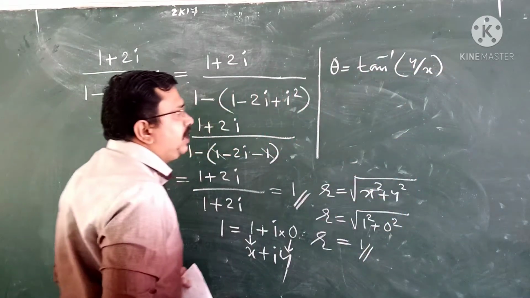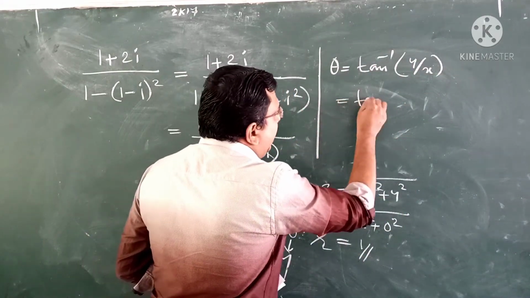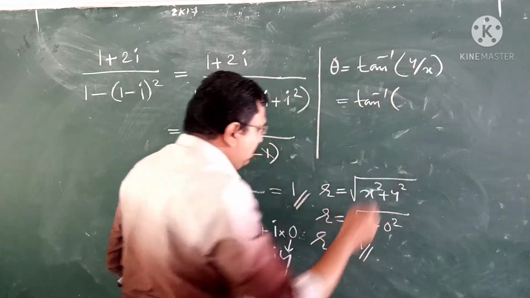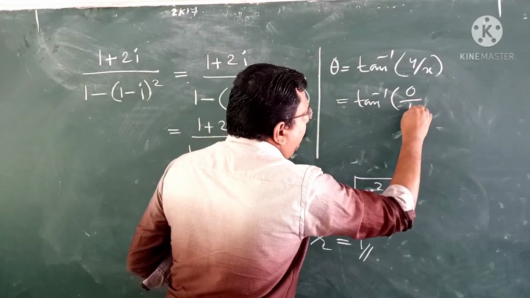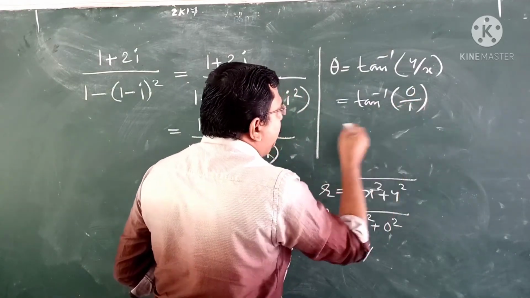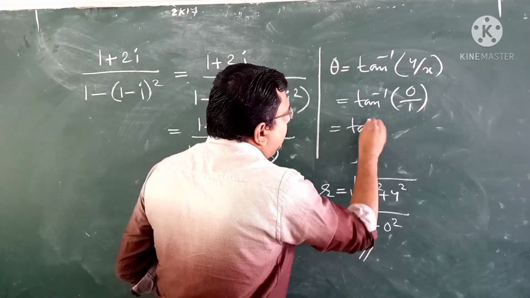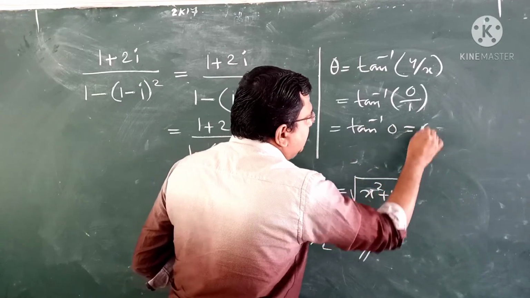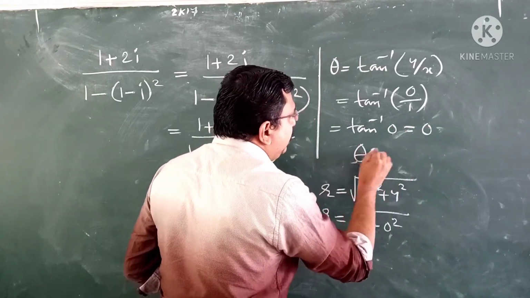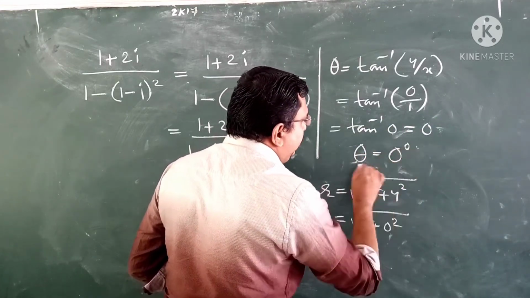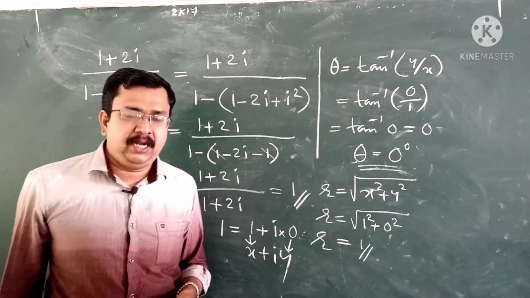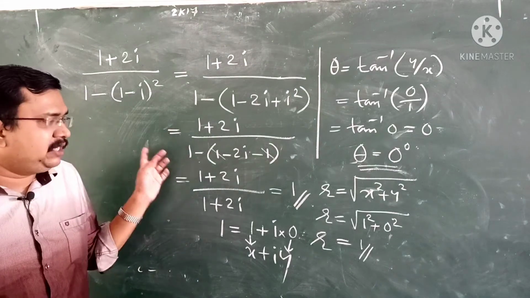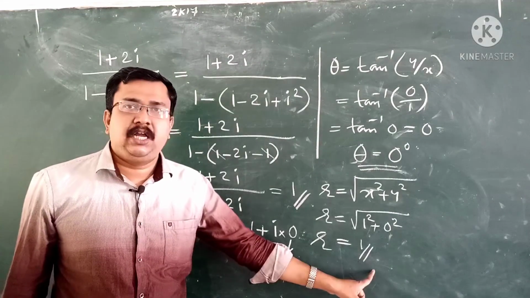What is our y? y is 0. So tan inverse (0 by 1) is tan inverse 0, which is 0. Therefore, theta = 0 degree. That means our principal argument is 0 degree and modulus is r = 1.